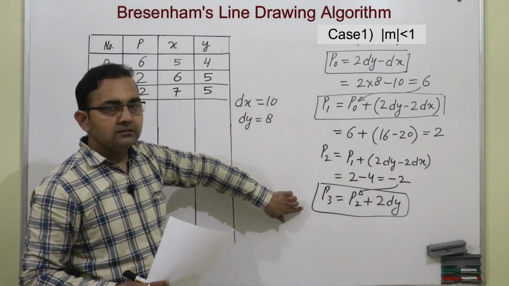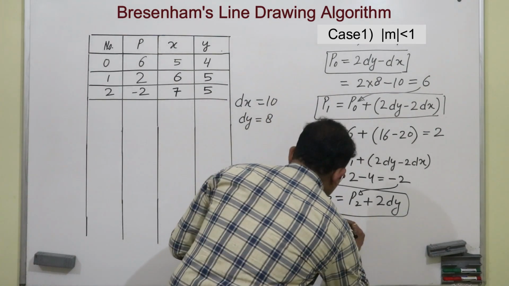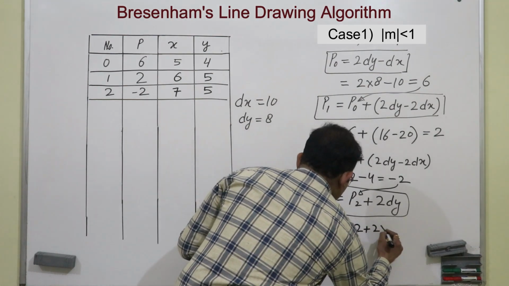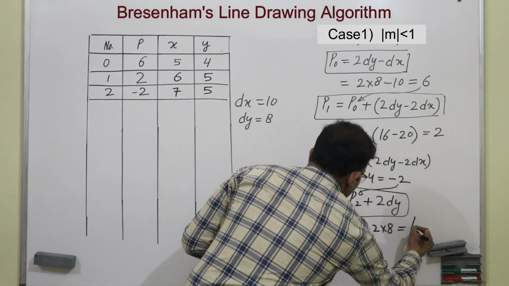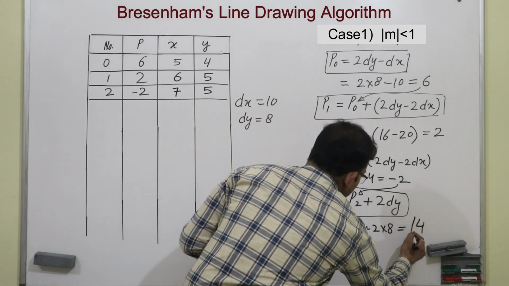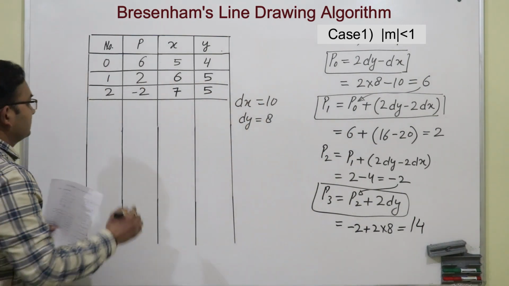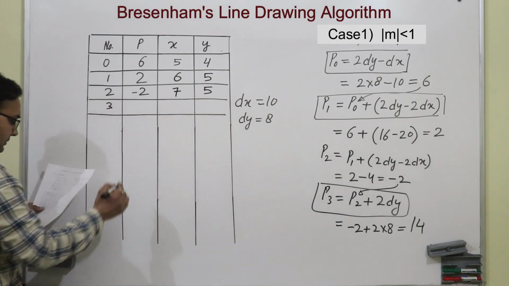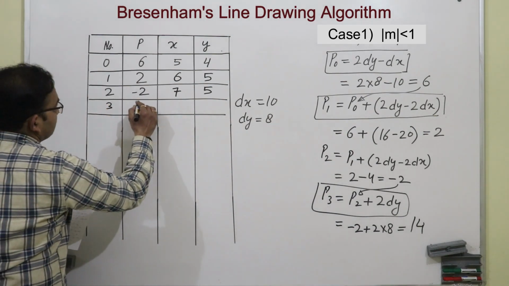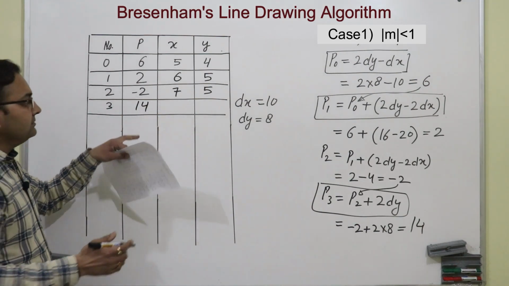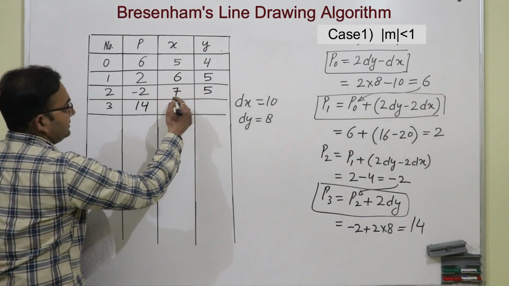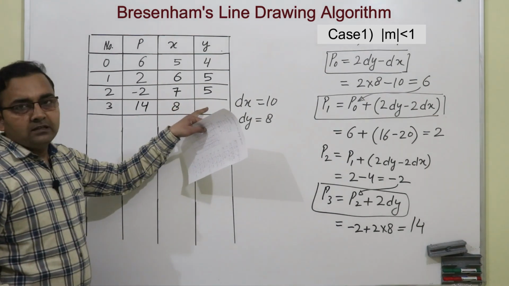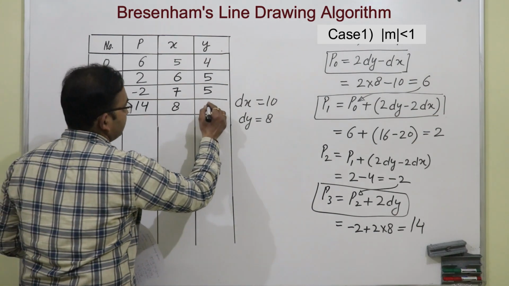P3 is minus 2 plus 2 into 8 equal to 14. The value is 14. It is positive. There will be an increment of 1 in x, it will be 8. It is positive, so y will also increase by 1, it will be 6.